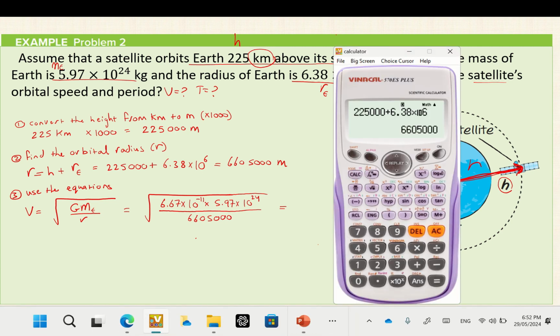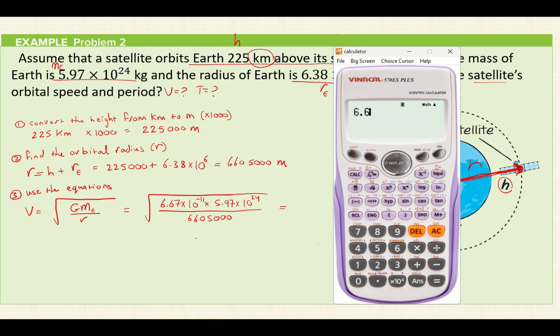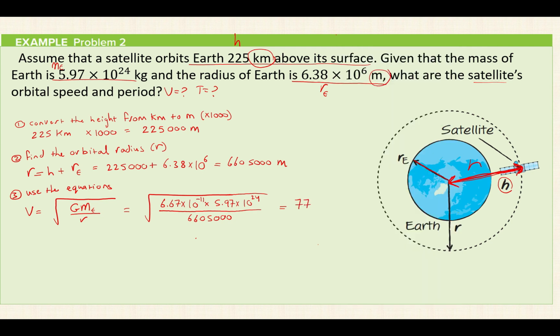Using the calculator, it gives you 7,764.5. So this is the speed of the satellite.